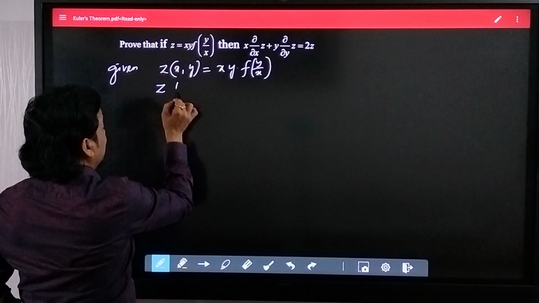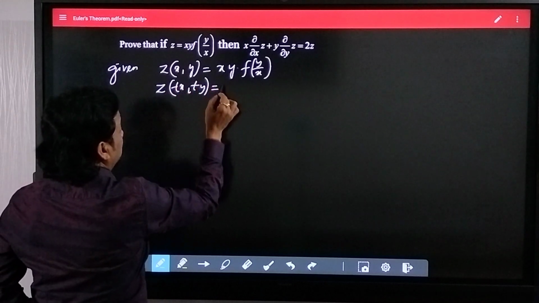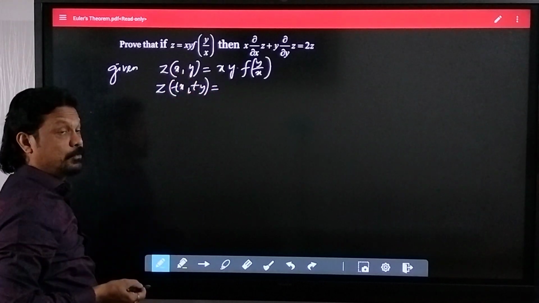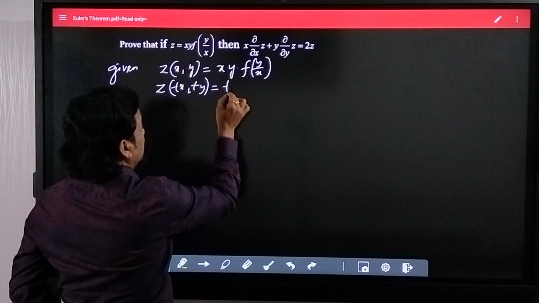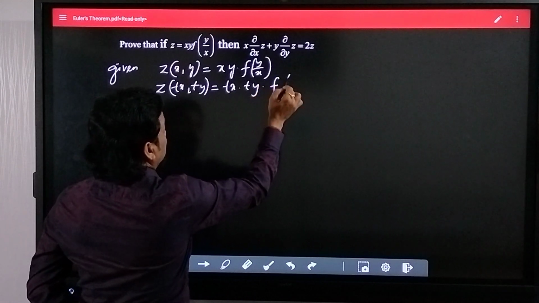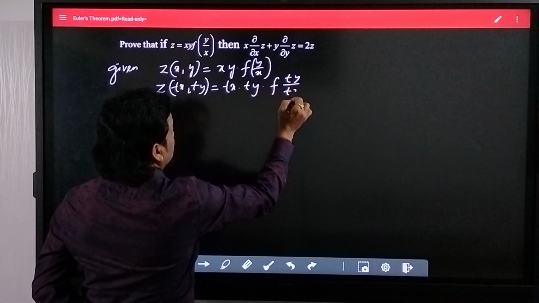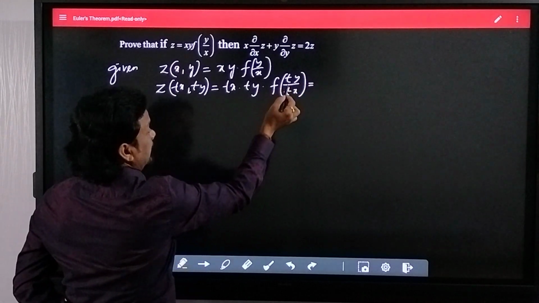Okay. So z of tx, ty is equal to, in place of x I am writing tx, in place of y I am going to write ty to test the homogeneity. Tx into ty into f of ty by tx. So here t cancels out.